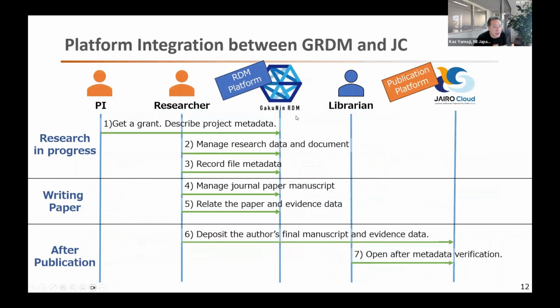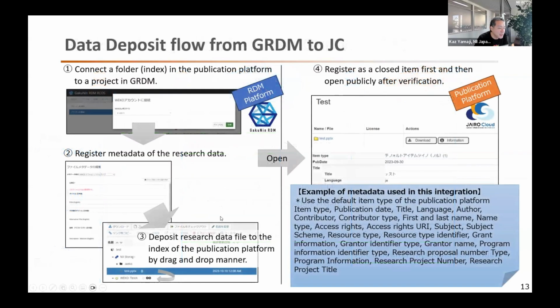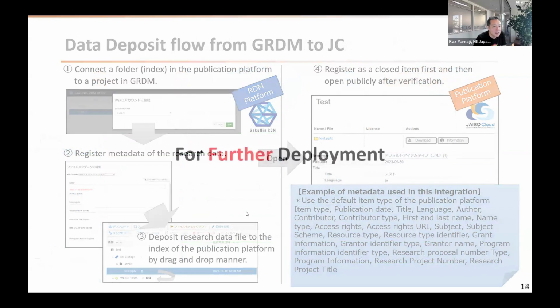And since we already have an RDM platform, and the researcher is expected to manage the data in addition to the author final manuscript under this Gakuni RDM, we also have the new functionality which acts as the interoperability between Gakuni RDM and Agile Cloud. And by using this functionality, the institutional repository can be seen as one of the folders in our Gakuni RDM platform. And the researcher can easily drag and drop the author final manuscript and, in addition, the related data into the institutional repository in a very, very easy manner.